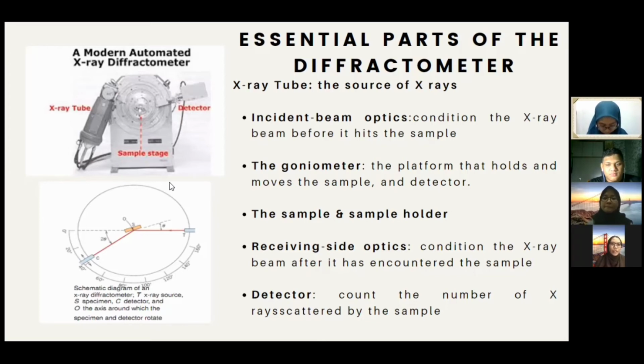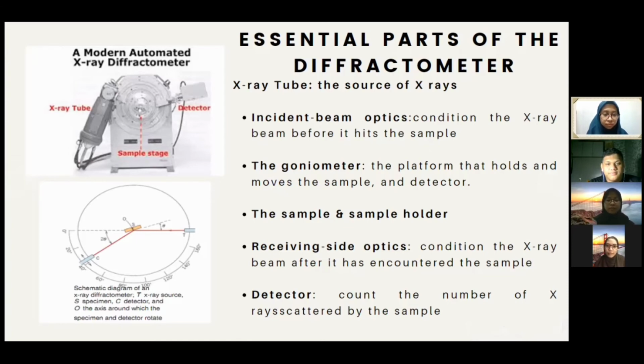The incident beam optics condition the X-ray beam before it hits the sample, and then the goniometer is the platform that holds and moves the sample, and also the detector. Next is the sample and sample holder, and then the receiving side optics, which condition the X-ray beam after it has encountered the sample. And lastly is the detector, which counts the number of X-rays scattered by the sample.